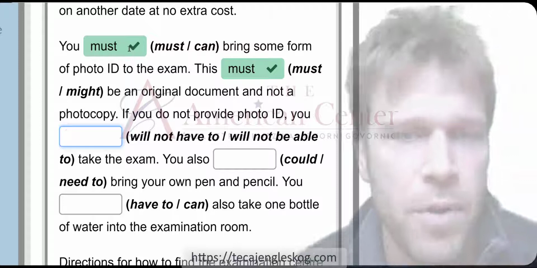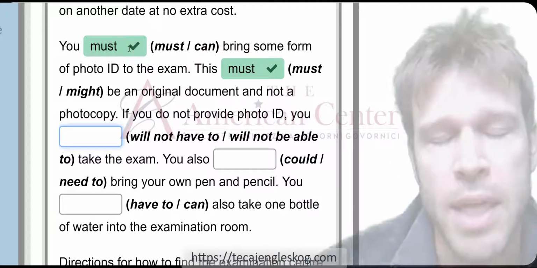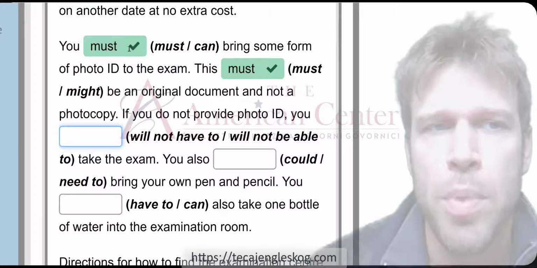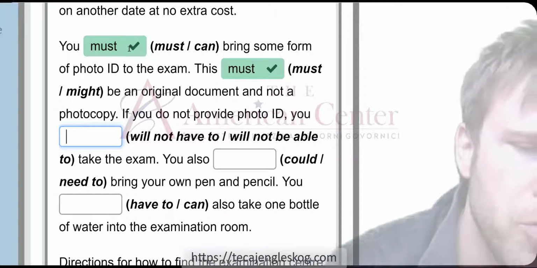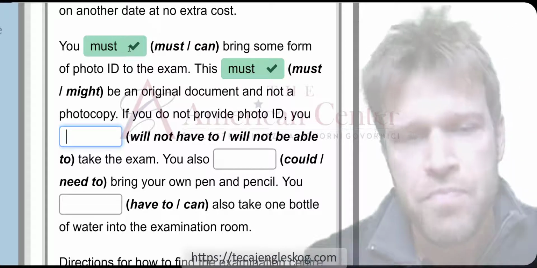Okay, if you do not provide photo ID, you will not be able, okay? Now, like we said earlier, I didn't write it down, but be able to is a modal form, and actually this is a future modal form of can, okay?